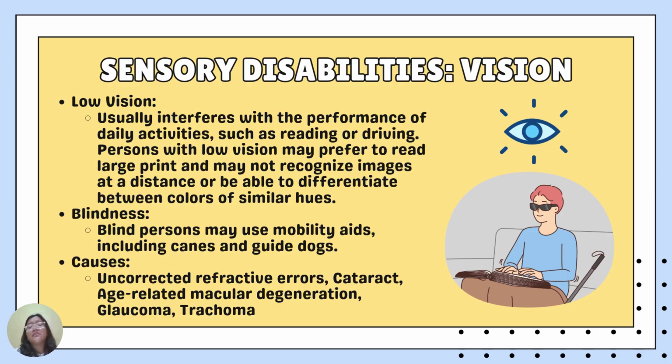People with low vision may prefer to read large print and may not recognize images at a distance or be able to differentiate between colors of similar hues. Whereas blindness, on the other hand, may use mobility aids, including canes and guide dogs, because they could not totally see. Some causes of these sensory disabilities are uncorrected refractive errors, cataracts, age related macular degeneration, glaucoma, and trachoma.